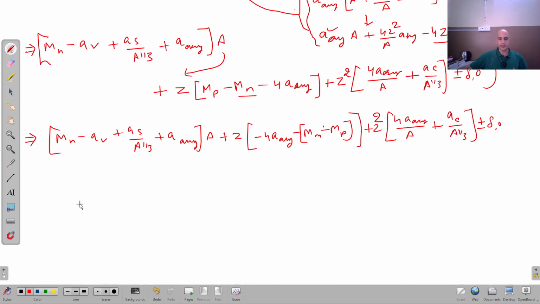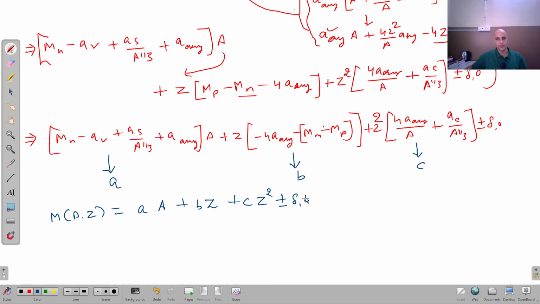So now in this expansion I am going to substitute. I am considering or taking this term as a, this term as b, and this term as c. So what I got? I got M(A, Z) equal to a into A plus b into Z plus c into Z square plus minus delta 0.